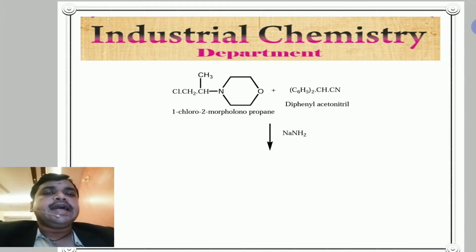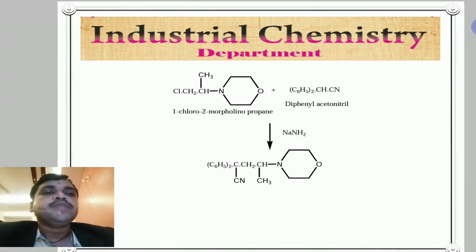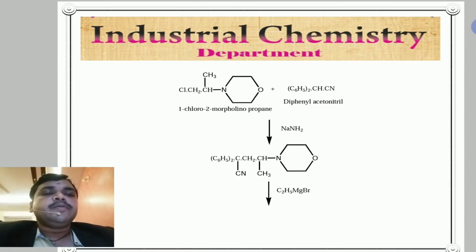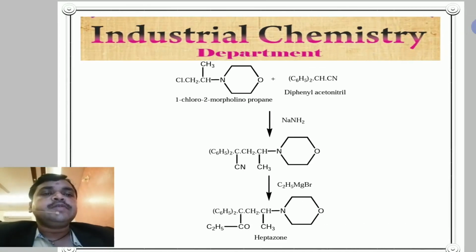Both reactants react with each other in presence of sodium amide, NaNH2, and give an intermediate or derivative of the morpholino product. This derivative of morpholino is treated with ethyl magnesium bromide, C2H5MgBr, which converts it into heptazone.